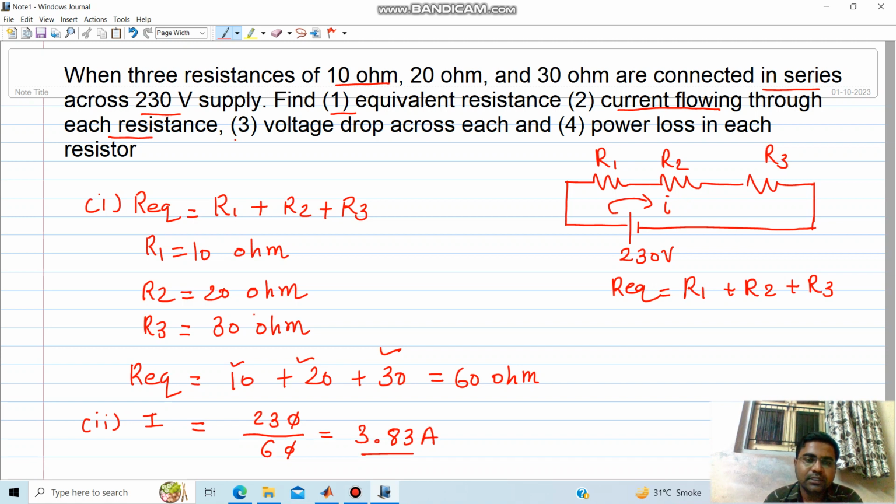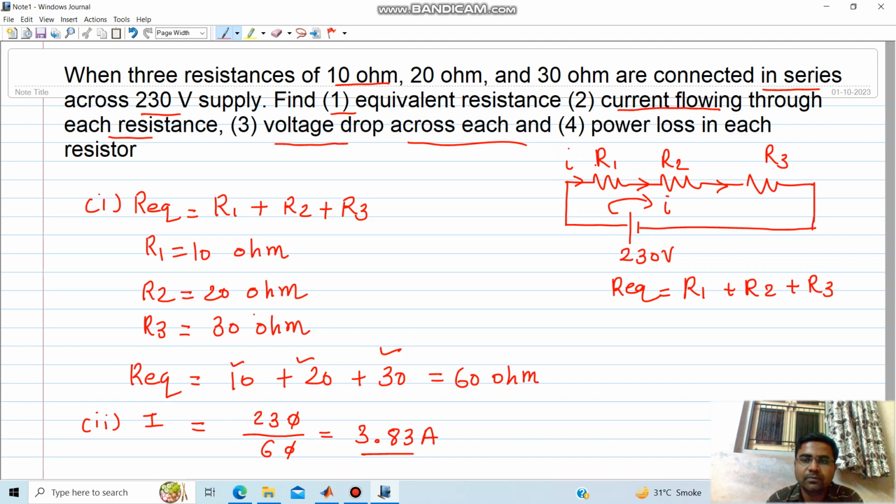Now question 3. If you look at the problem statement, we have to figure out what the voltage drop across each resistance will be. While the current I flows through R1, R2 and R3, there will be some voltage drop. So that we have to calculate.